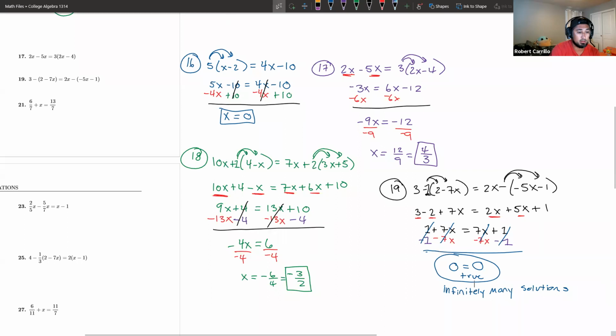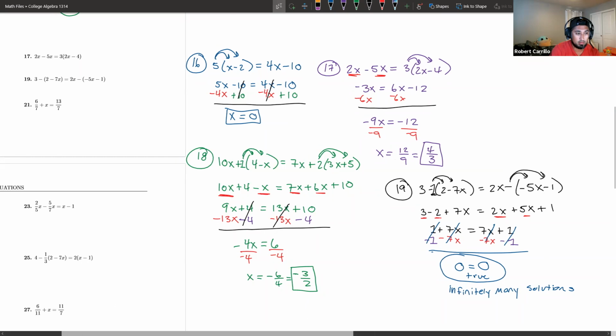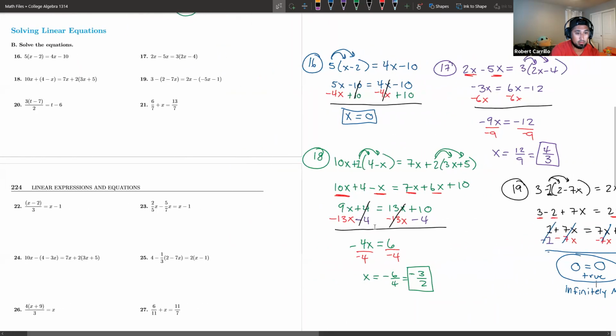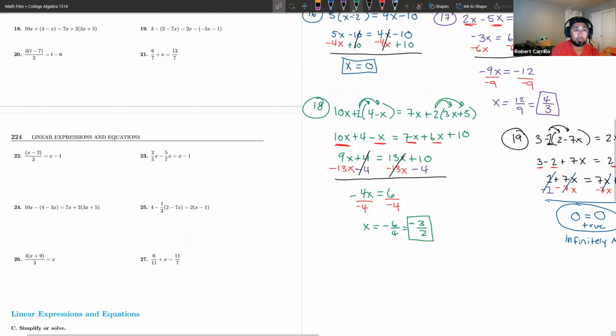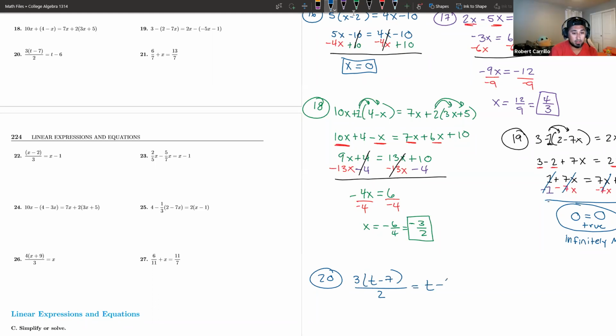Then let's look at 20. All right. 20. 3 times t minus 7 over 2 equal to t minus 6.